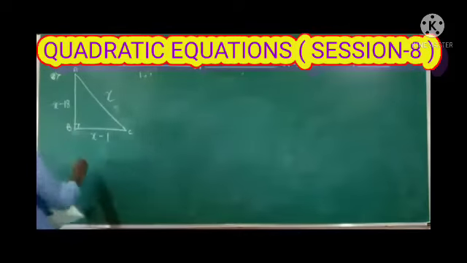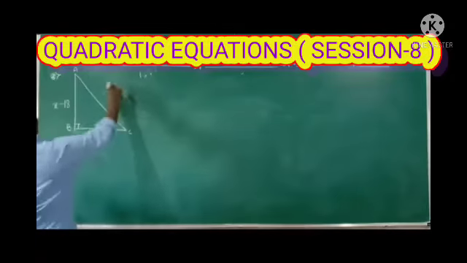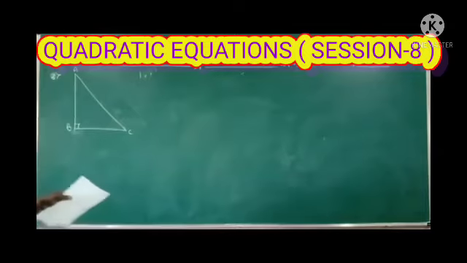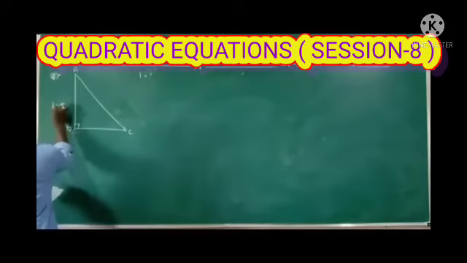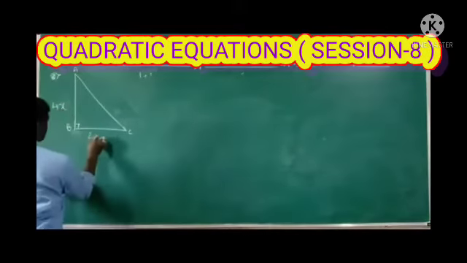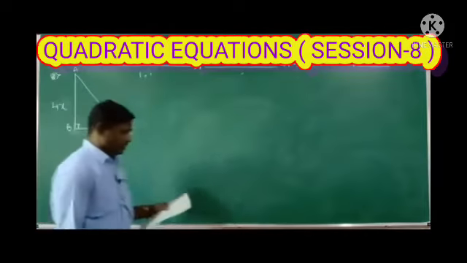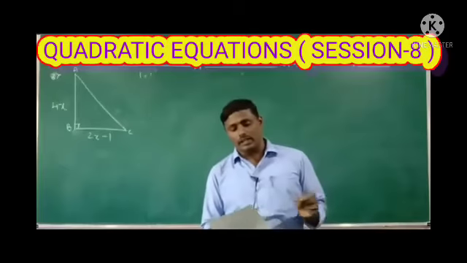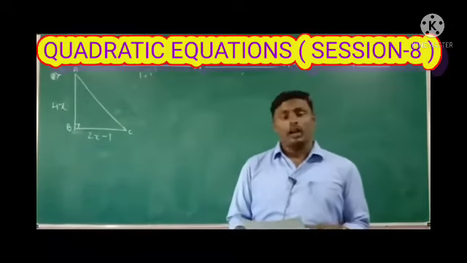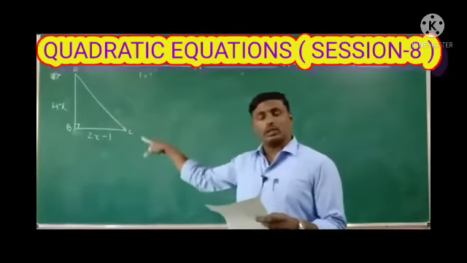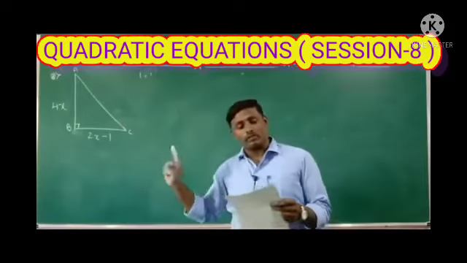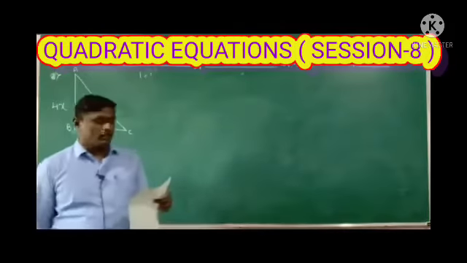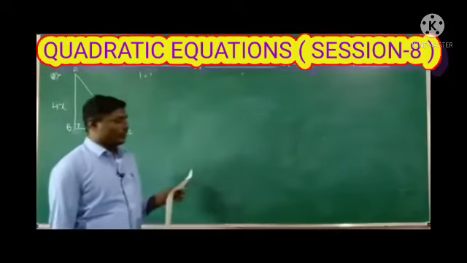So here I am taking one right angle triangle. The two sides are already given. It means this one has 4 centimeter and another one has 2x minus 1. Just see the question once again.